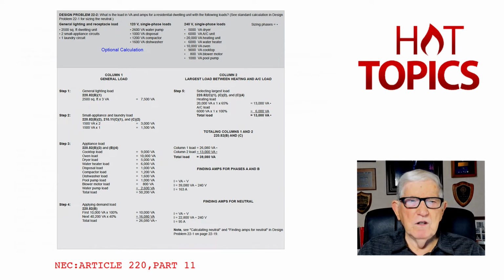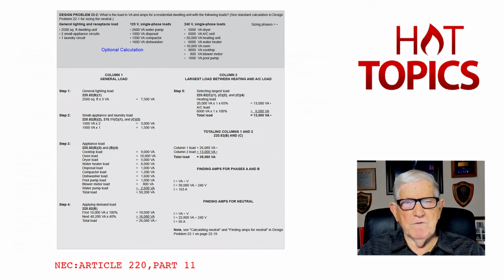But notice what's different is step 3. We're adding all these loads at 100%, besides the 3 VA per square foot and the small appliance circuits. We come up with 50,200. Now we're ready for the demand of 220.82. We have our sections up above here in step 2 and 3 and 1 we look at.